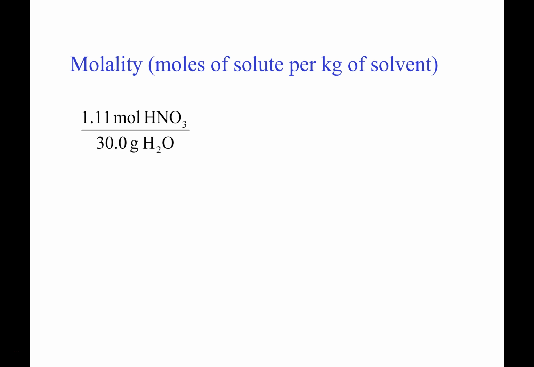To get to molality, it's the moles of solute divided by the kilograms of solvent. The solvent is water, and on this basis, we had 30 grams of water. So kind of like we fixed milliliters into liters, we have to fix grams into kilograms. How can we do that?